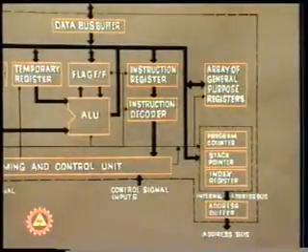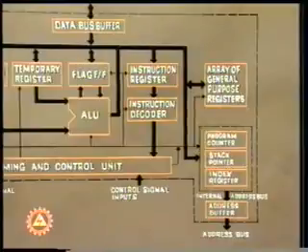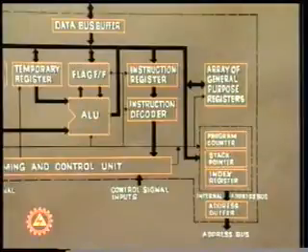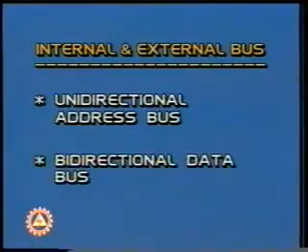Most common microprocessors have address data bus organized architecture. Such an architecture communicates with external memory and I/O devices through a unidirectional bus which addresses a particular memory or I/O location, and a bidirectional data bus for movement of data from and to the microprocessor.